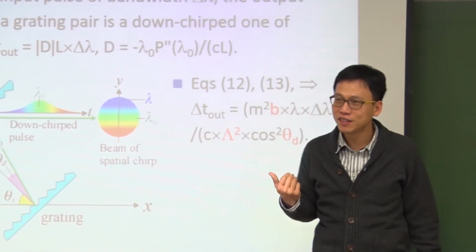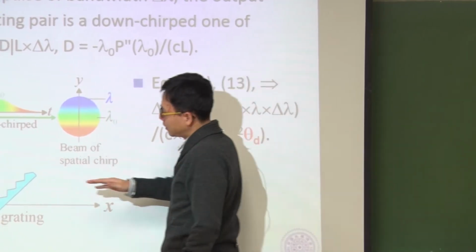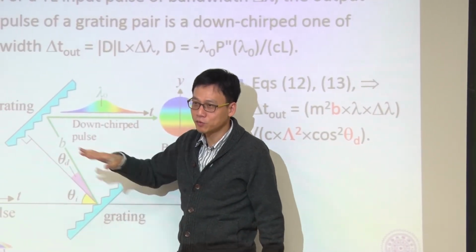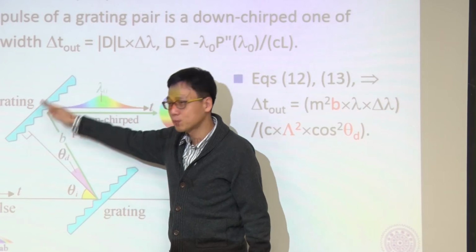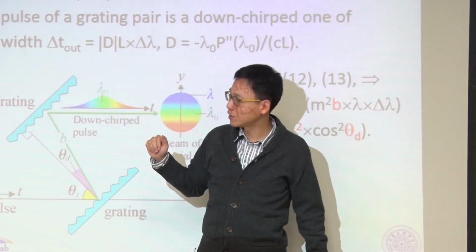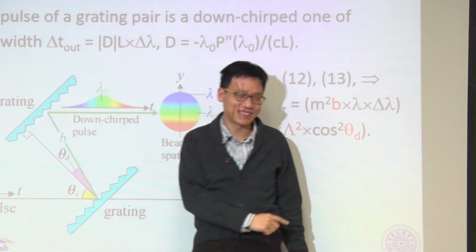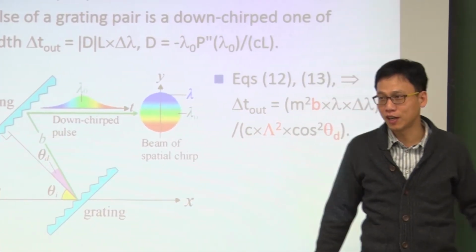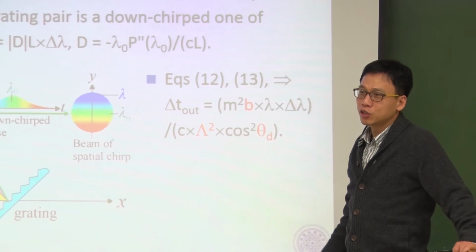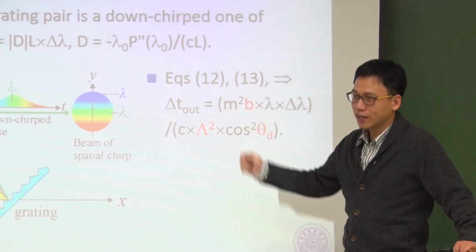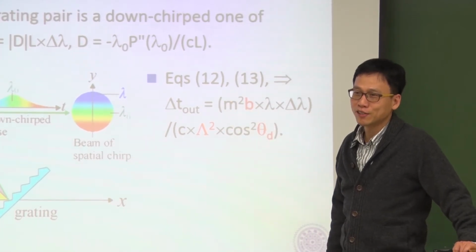That's good enough. But after angular dispersion, if your bandwidth is very large, it will spread over a large distance. And if your B is large, the spatial spreading will be very large. So you need a very huge grating as the second one. And usually that is expensive.